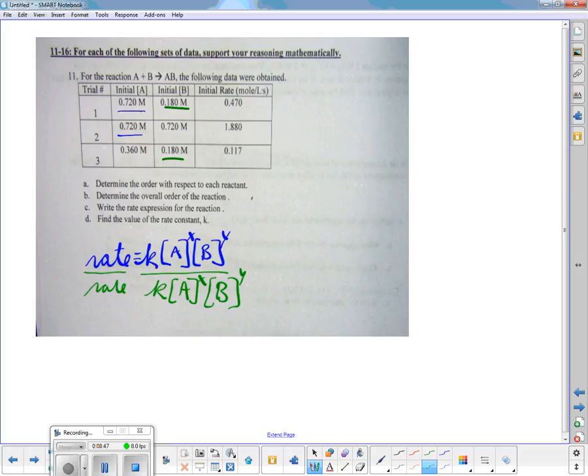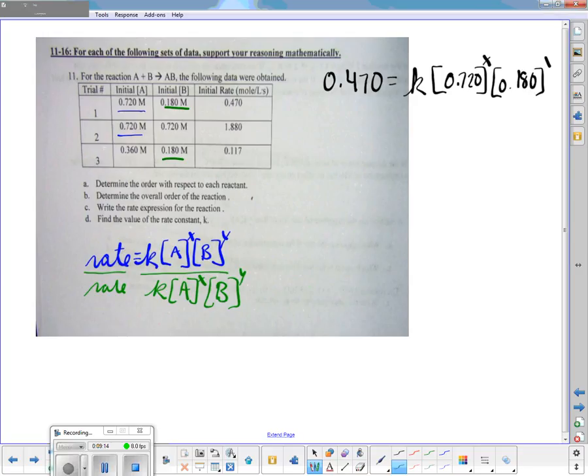So let's write it like we would. Let's pick the first 2. I'm going to write it the long way so I can show that they're dropping out. So I'm going to say rate, which is 0.470, is equal to some constant times the concentration 0.720 to the x power and 0.180 to the y power.